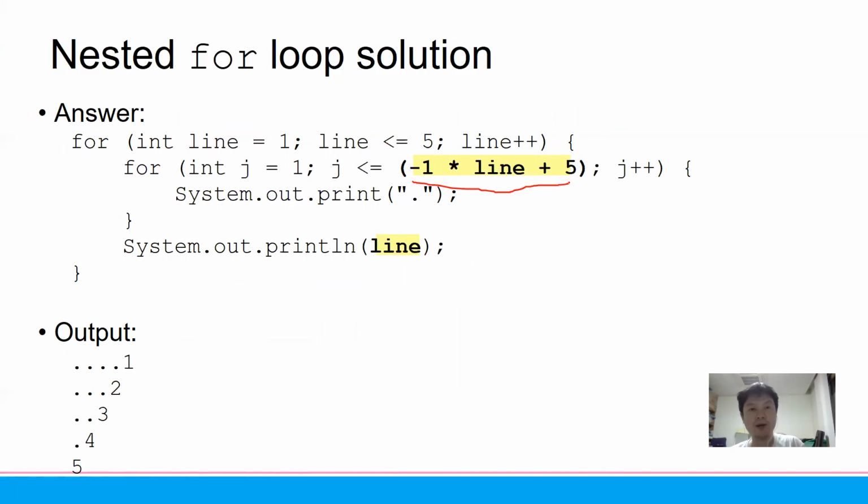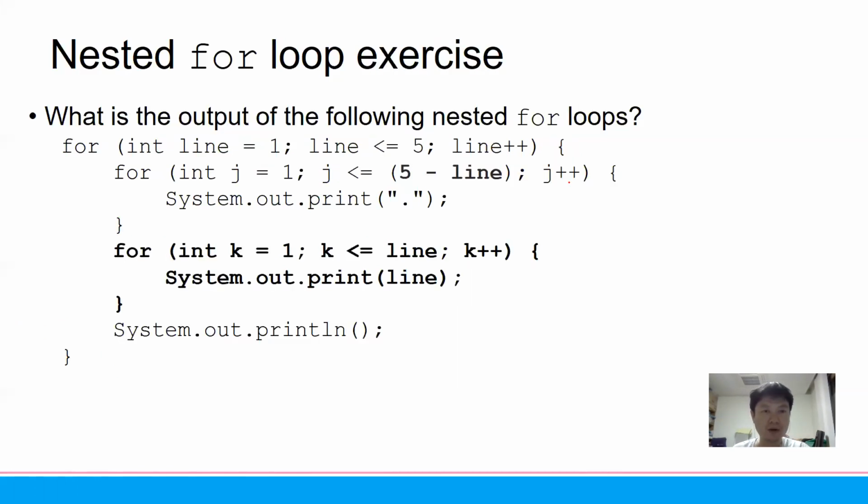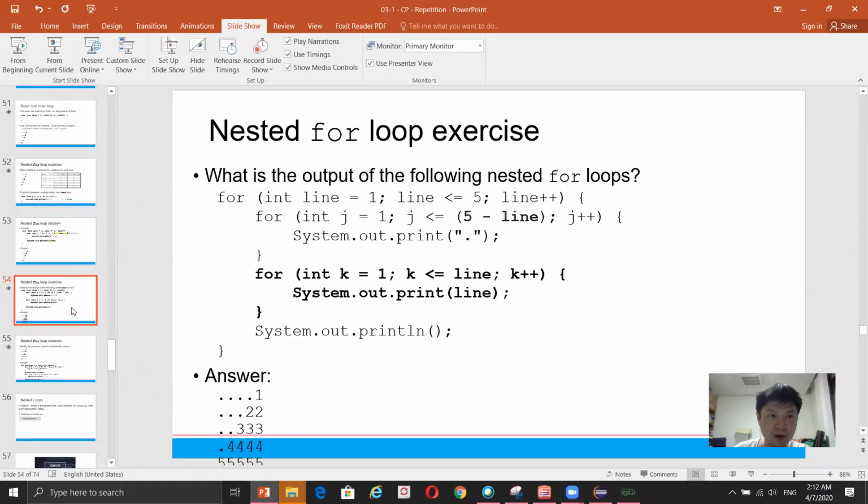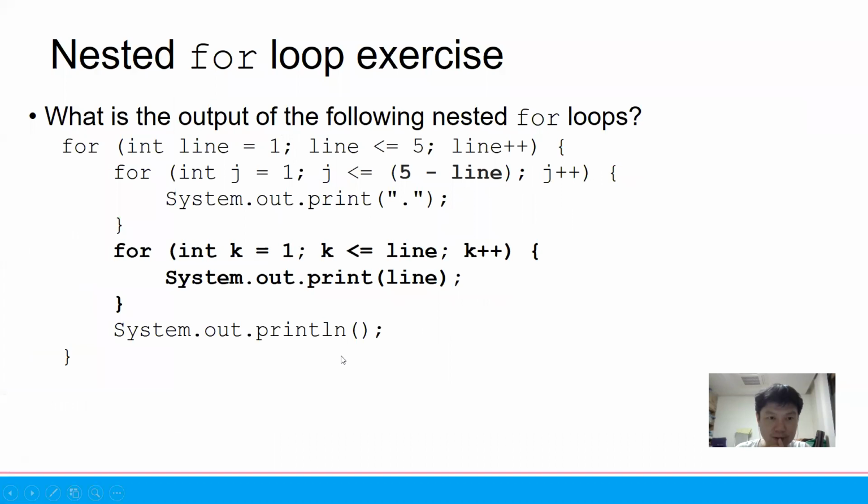But if I have the next one, what is the result? You may have questions about this. Oh, I already gave the answer, so I don't want to waste more time. You can take a look at the result.